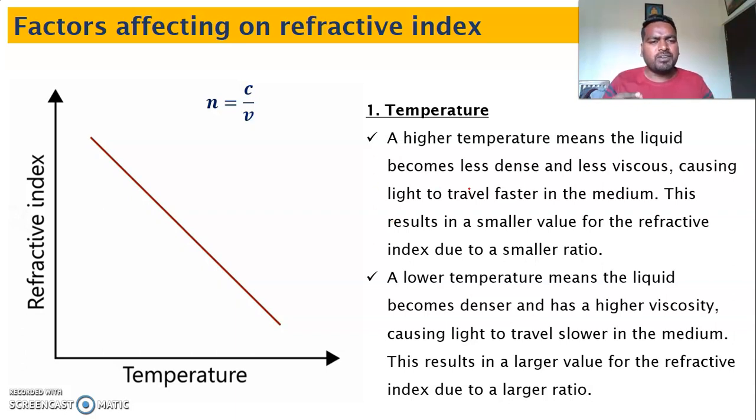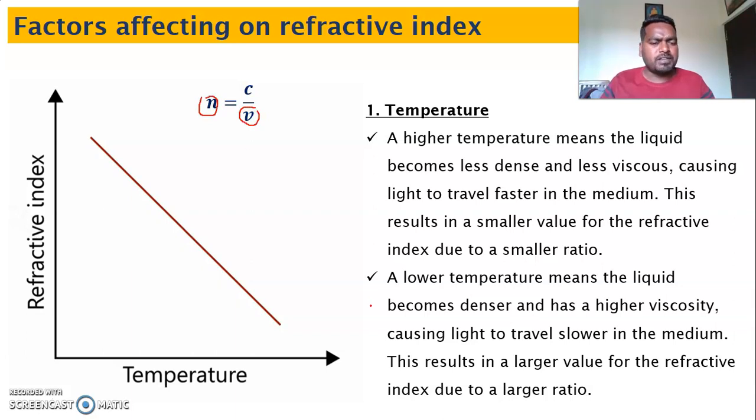If the force of attraction is less, the density decreases. If the density decreases, the viscosity of the liquid medium also decreases. If the viscosity is low, the light travels faster in that medium. And if you look at this mathematical expression, if v is more, the value of n decreases.